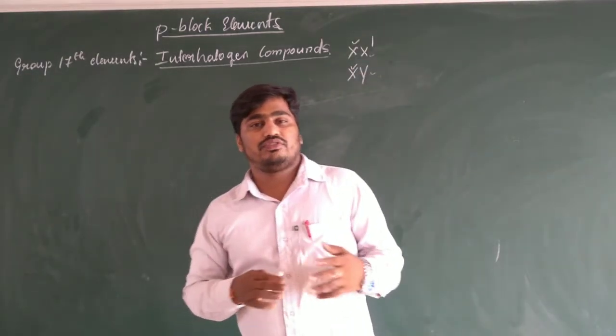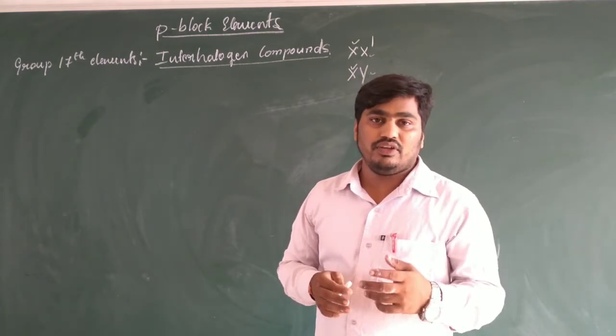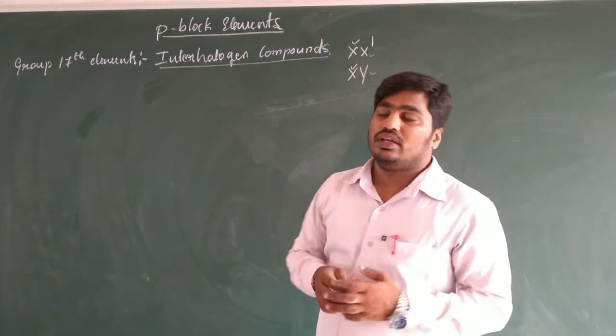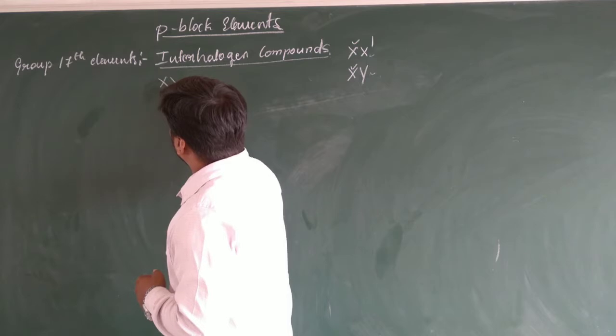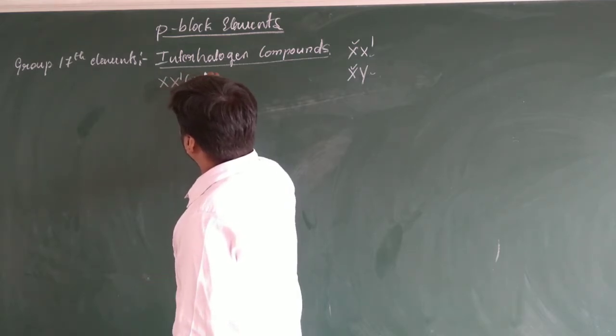The halogens react and give an interhalogen compound. These interhalogen compounds are of four different types.